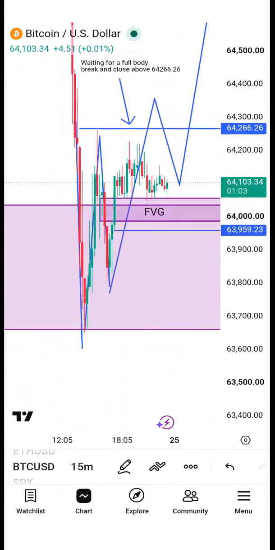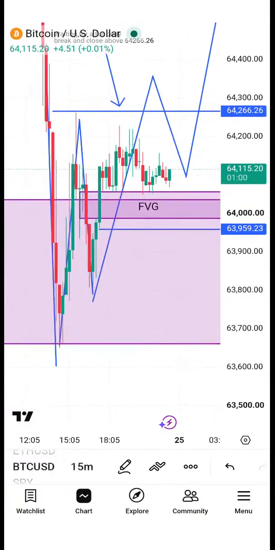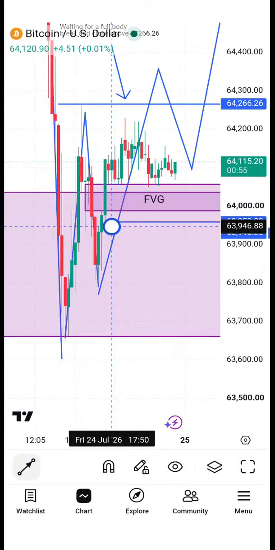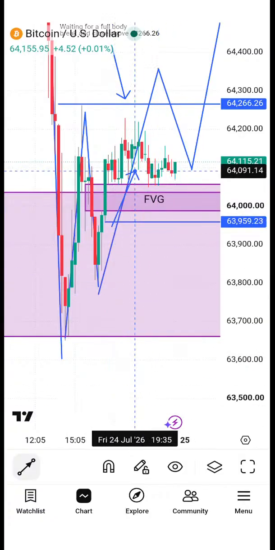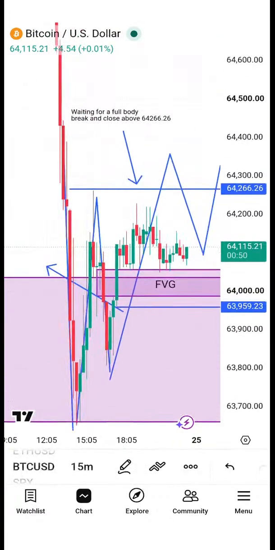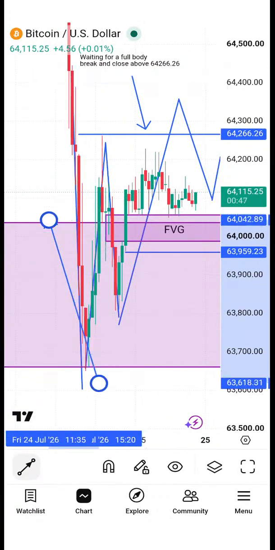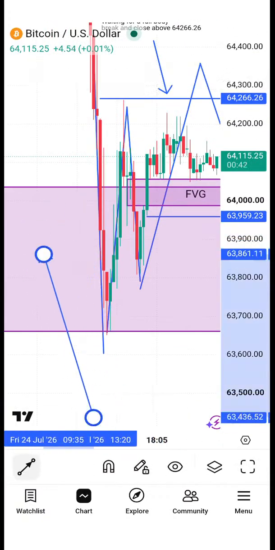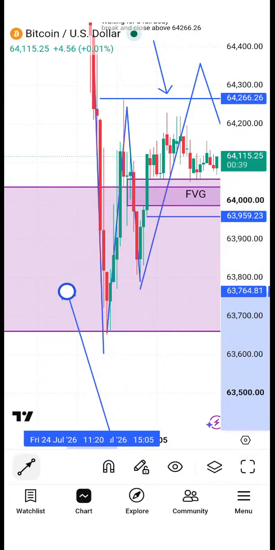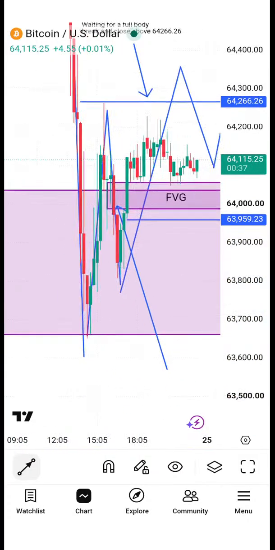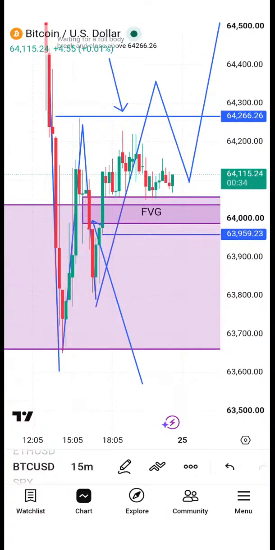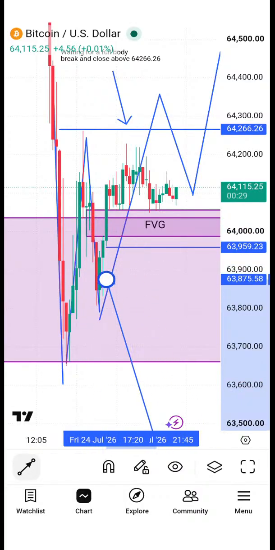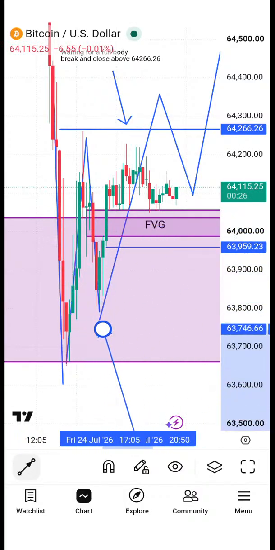You see what the 15-minute time frame is showing us. Remember, this zone is from the daily time frame. Look at how the price is reacting around this zone, not the fair value gap, around this zone.